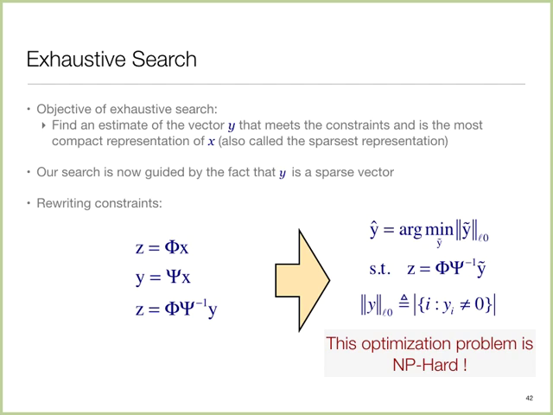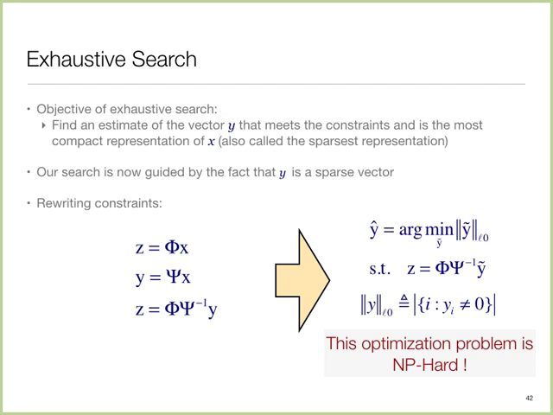So we can write z in this manner, and then the whole problem boils down to finding a y hat such that the sparsity requirement is met. So y hat is that y tilde which meets the L0 norm requirement, namely we want to minimize the number of non-zero coefficients.